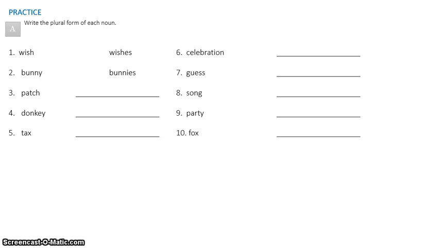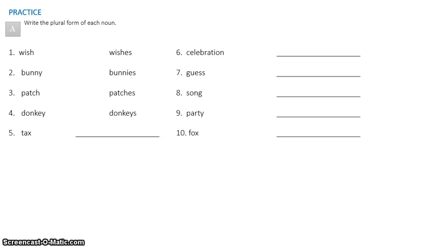Number 3, it ends with a CH, so it should be patches. The next one is donkey. It ends with a Y. I look at the letter right before the Y. It happens to be a vowel, E, so all I'm going to do is put an S on the end.